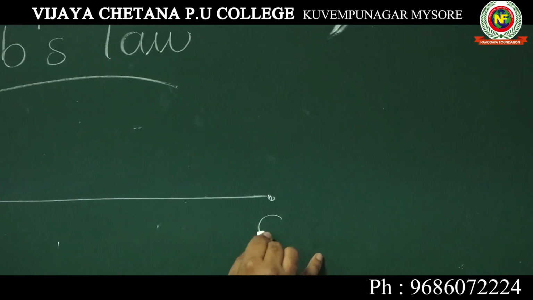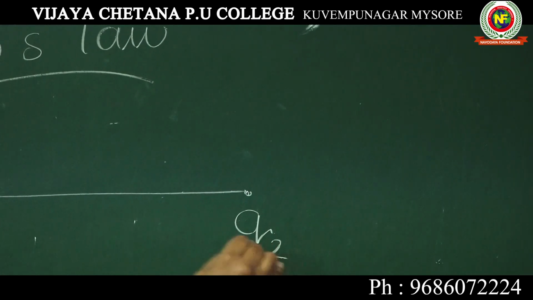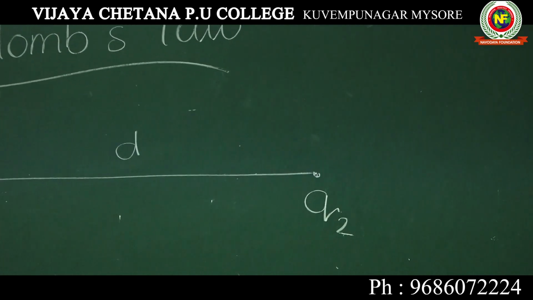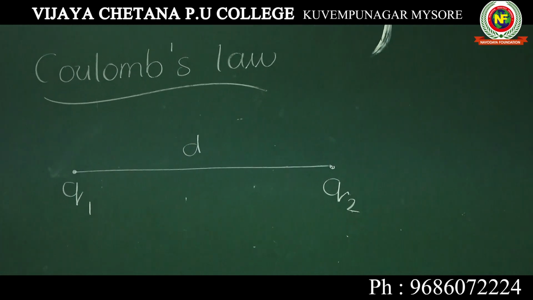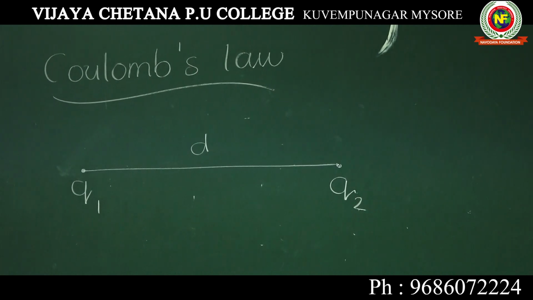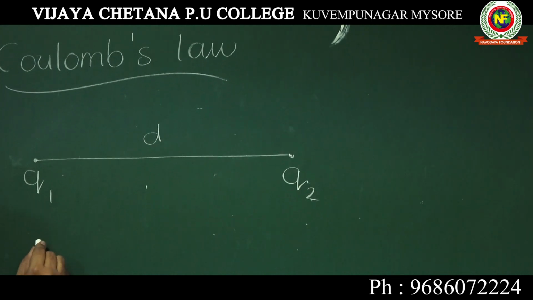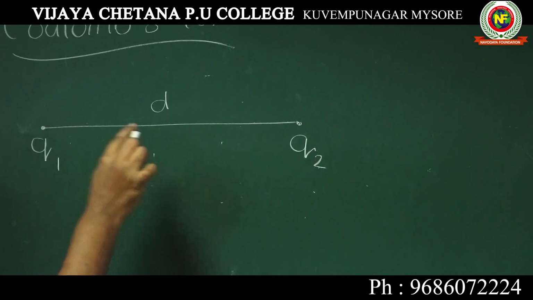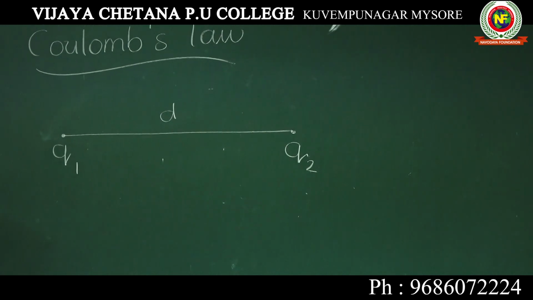See, I am considering two charges separated by some distance d. According to Coulomb's observation, between two charges, suppose you assume that both are positive charges, they repel each other.